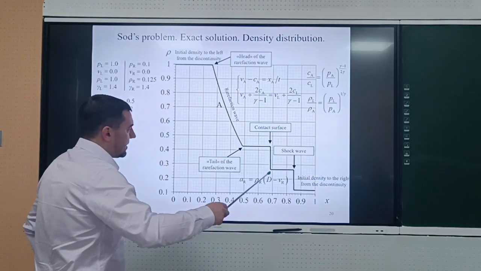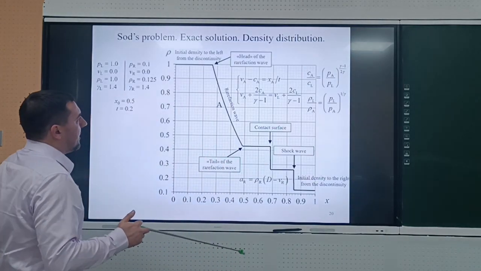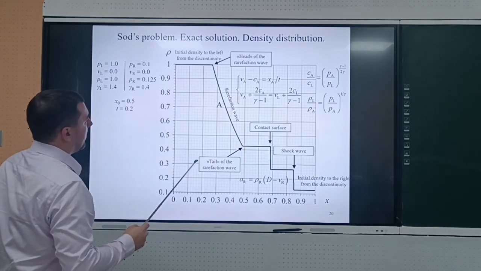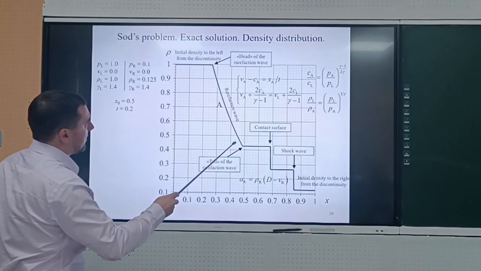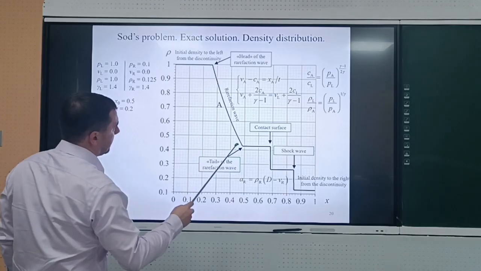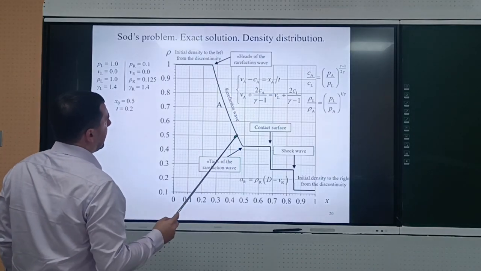Anyway, we know the parameters at this contact surface. What can we do? Let's consider this rarefaction wave. This part is called a rarefaction wave. It has a head of the rarefaction wave, this point, and a tail of the rarefaction wave.